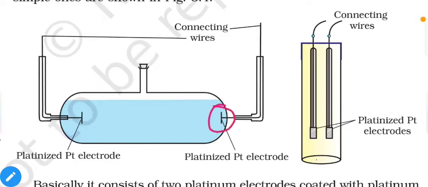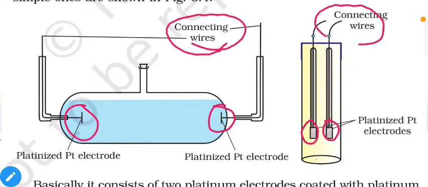In both conductivity cells, we have two electrodes connected with external batteries. We can fill liquid inside the container from special inlet valves, then pass the electricity and measure the conductance or resistance.